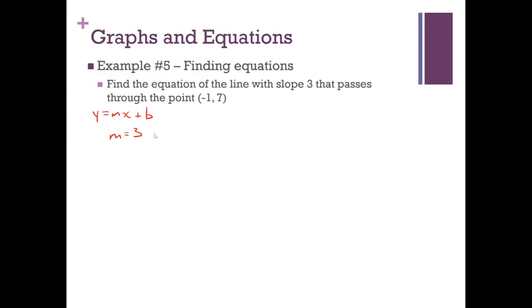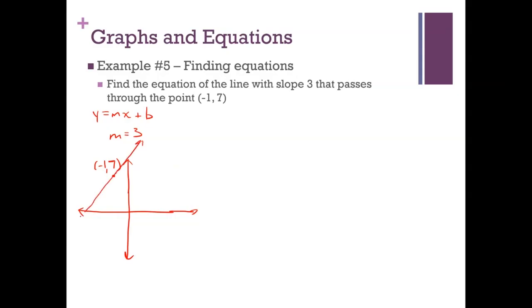The value of y, it's the y-intercept, when x is equal to 0. But the point I gave you is not that point. So here's the point we have so far, somewhere out here, -1, 7. And I know that through that point, there's a slope of 3.